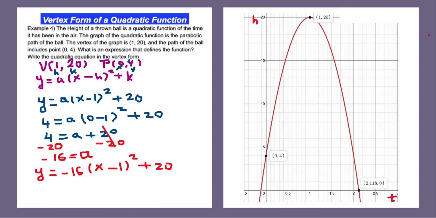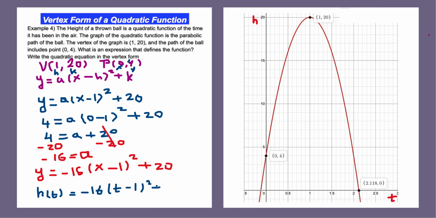And if we want to write this with the actual terms, we would write this function as h of t. We can write h of t equals minus 16, and instead of the variables x and y we just write h of t and t: (t minus 1) squared, plus 20.